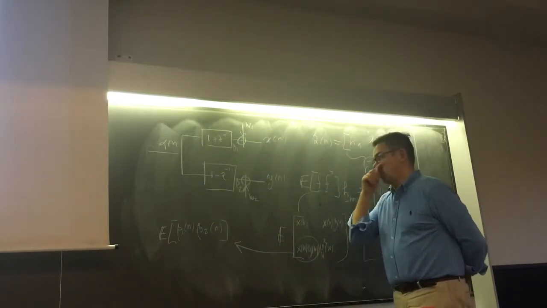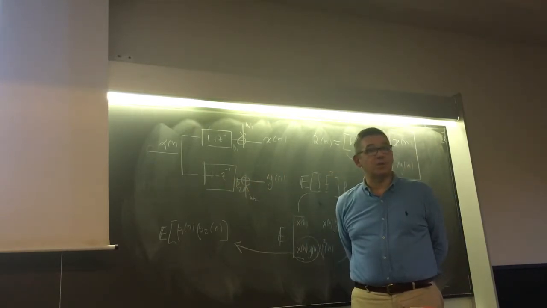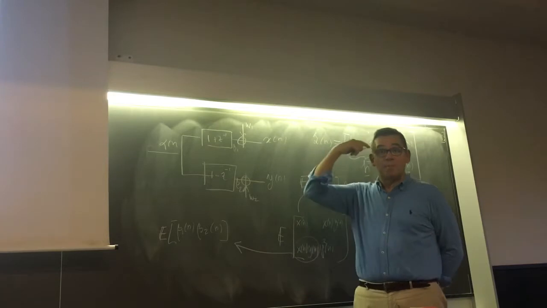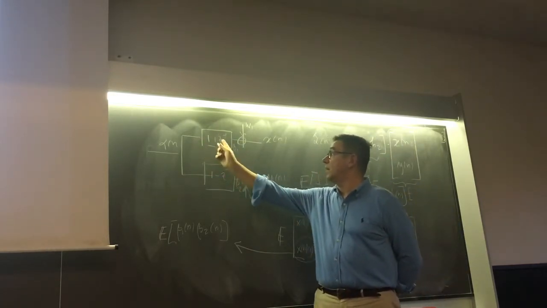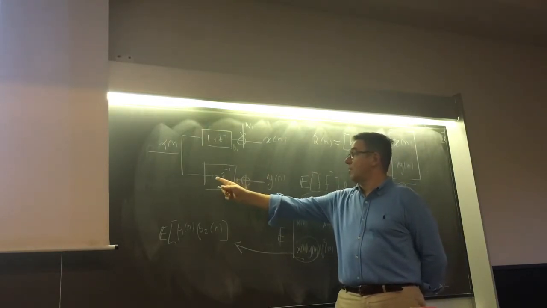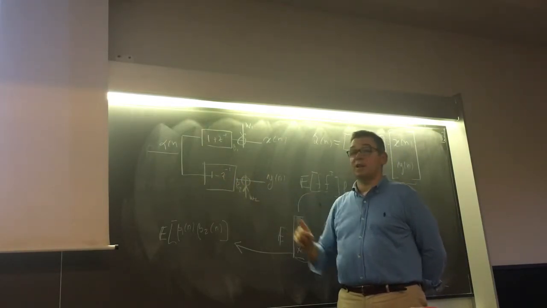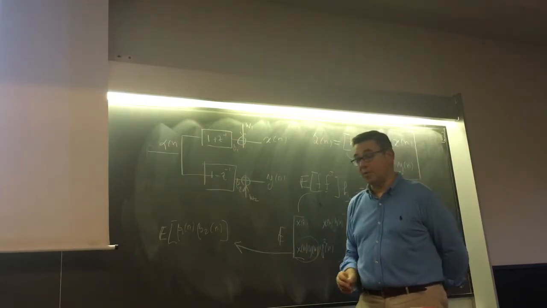To calculate this expectation, I need to recall the finite difference equations. I need to remember that beta 1 is obtained by alpha n plus alpha n minus 1, and beta 2 is obtained by alpha n minus alpha n minus 1. So I simply substitute here.